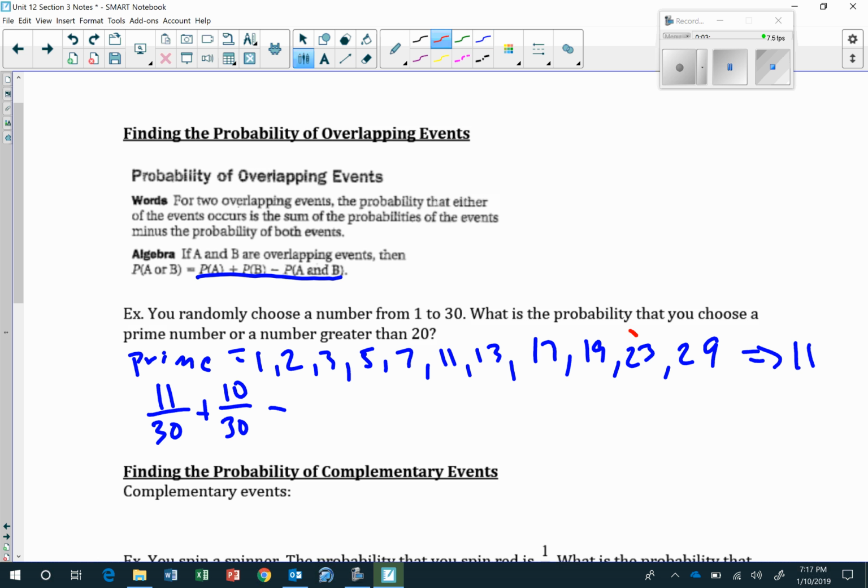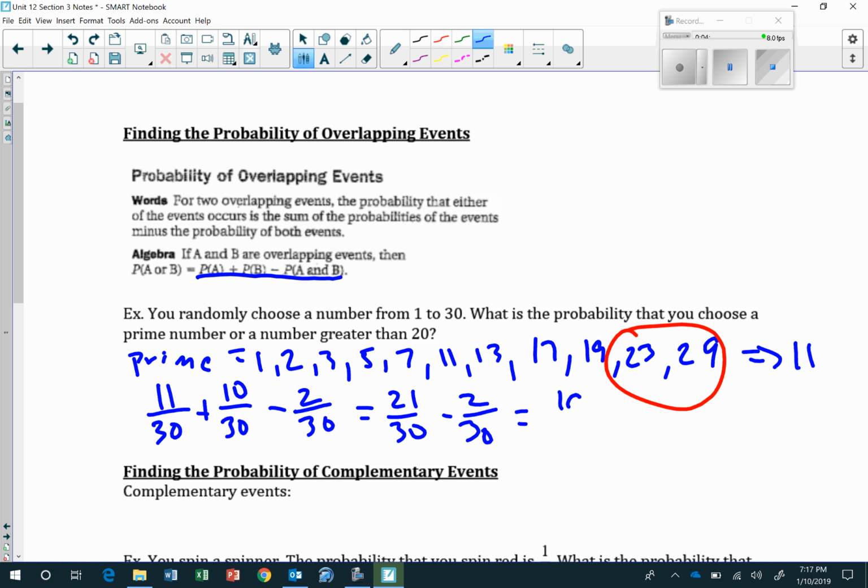So 23 and 29 are the only numbers that are greater than 20 and are also prime when we're going from 1 to 30. So we're going to subtract 2 of the 30 numbers from that. So 11 plus 10 is going to give me 21 over 30, and then I need to subtract 2 over 30, and I'll wind up with 19 over 30 as my probability.